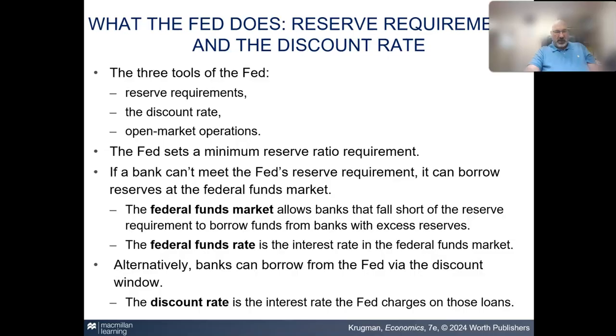Banks can also borrow from the Fed via the discount window, but that's like borrowing from a pawn shop. Like the Fed is gangster in this way. Basically, you have to pay all of your interest up front for the entire loan. If you go to borrow from the Fed, which I always found weird, it's like, hey, you ain't borrowing from the Fed if you in good shape. You broke. If you had any way to borrow from a friend, you'd borrow from a friend.